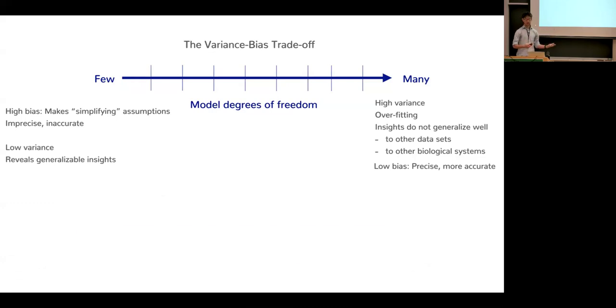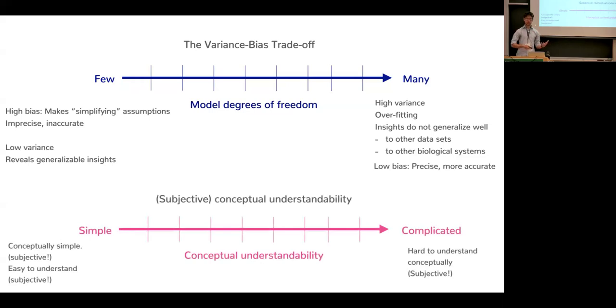There is another axis that is subjective, individual by individual, which is simple versus complex, hard to understand versus easy to understand. I think this really comes down to what your history is and what you're used to looking at. But many of us, trained as mathematicians, have the same idea of what counts as simple and what counts as complex.